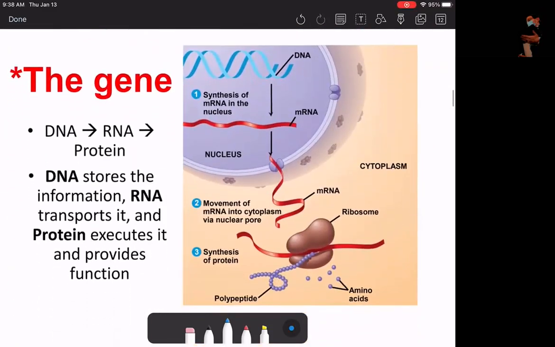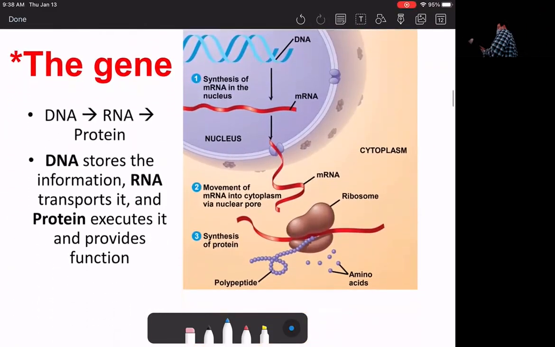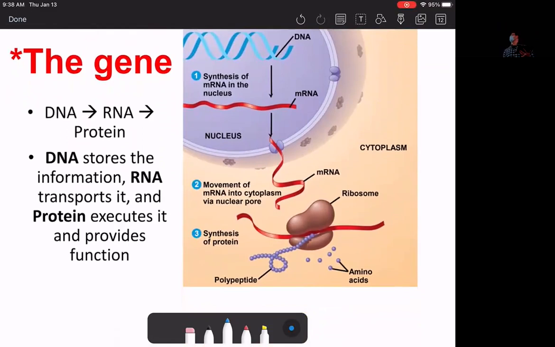Okay, so we've seen this before, but this is a little deeper look at that more cartoonish slide we had last time. The role of DNA is to store stuff. DNA stays nice and safe in the nucleus. Like I said, if you needed to make a copy out of the book of information that you have, you don't just rip the page out.